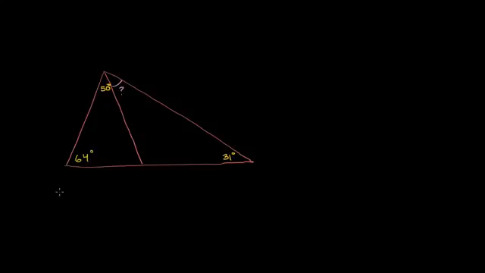So the first thing that kind of pops out to me is we have one triangle right over here. We have this triangle on the left, and on this triangle on the left, we're given two of the angles. And if you have two of the angles in a triangle, you can always figure out the third angle, because they're going to add up to 180 degrees. So if you call that x, we know that x plus 50 plus 64 is going to be equal to 180 degrees.